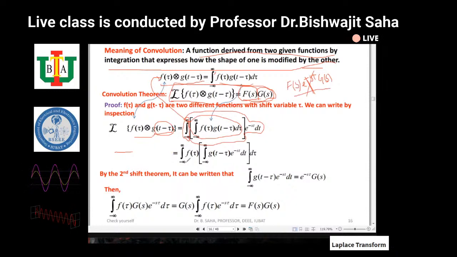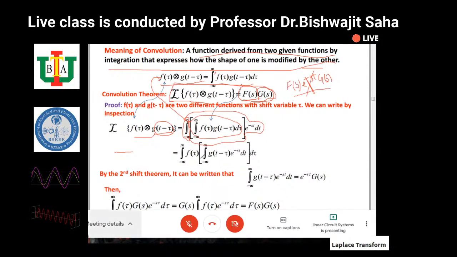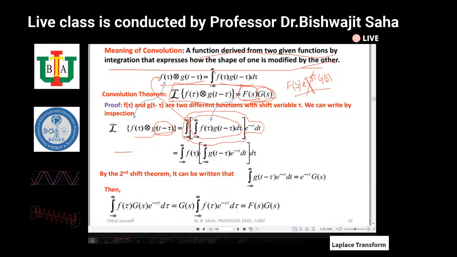After that we separate the t-dependent and tau-dependent parts, the two variables here.